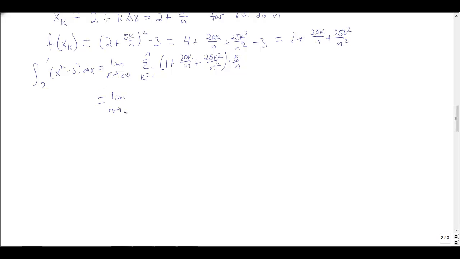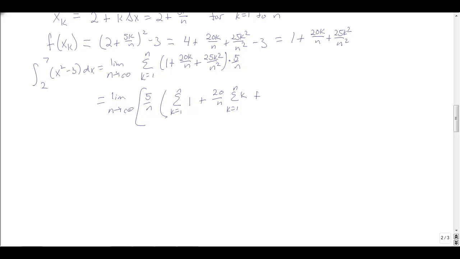Limit as n goes to infinity. I can pull the 5 over n outside of the summation, and then I get a bunch of different summations. For the 1, I get a summation k equals 1 to n of just 1. Plus this 20k over n: I can pull the 20 over n outside of the summation, the sigma, and get a summation k equals 1 to n of k.